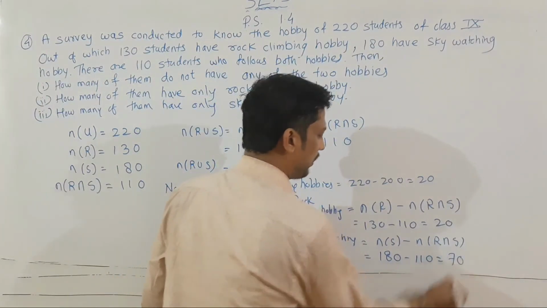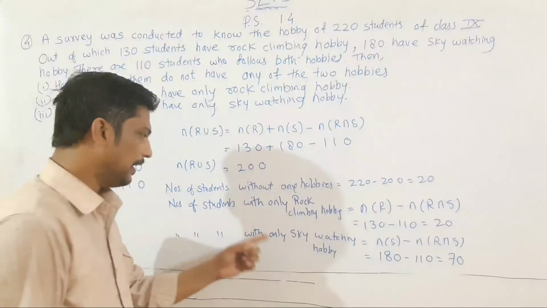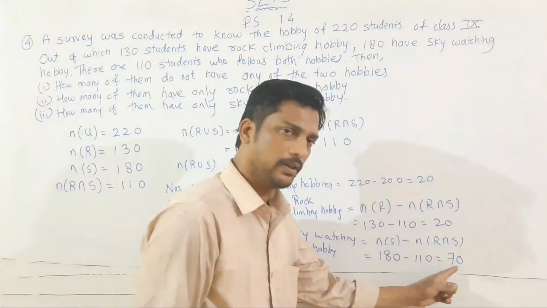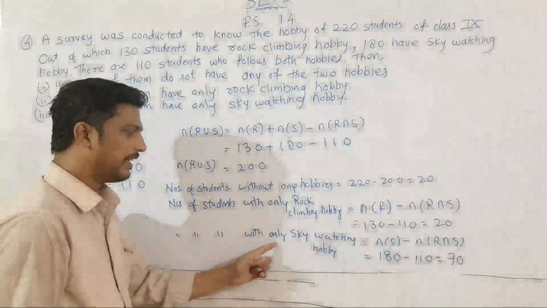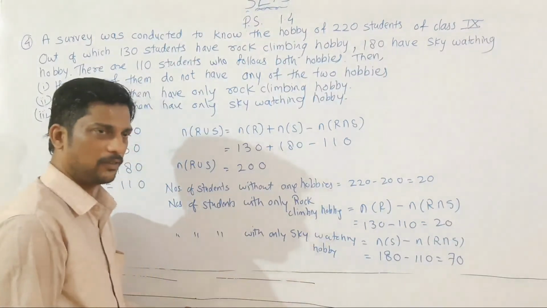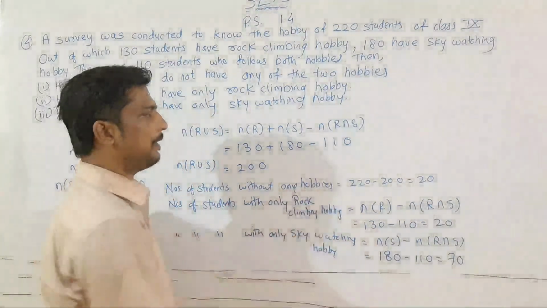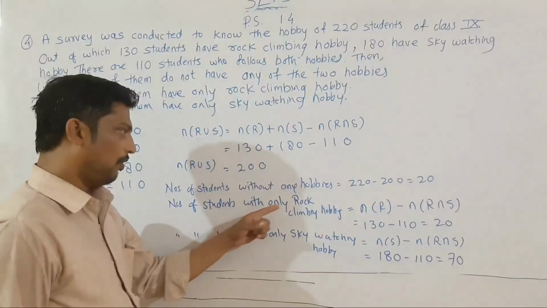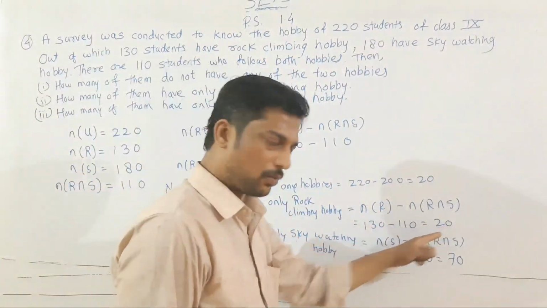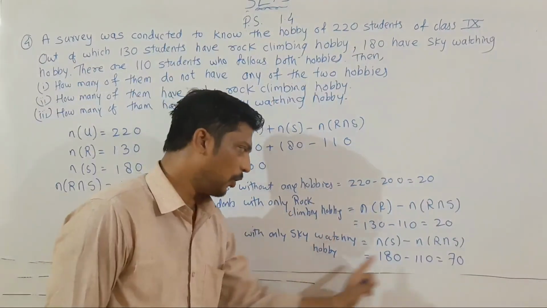I got it as what? 70. So there are only 70 students who have only sky watching hobby. You ready? So finally I got what? Without any hobby, 20 students. Only rock climbing hobbies, 20 students. And only sky watching hobbies is what?